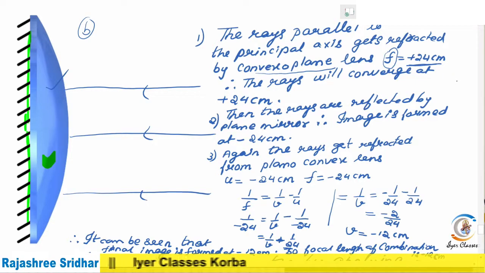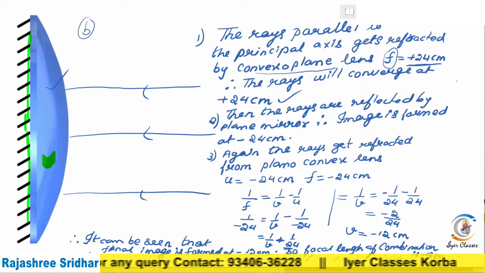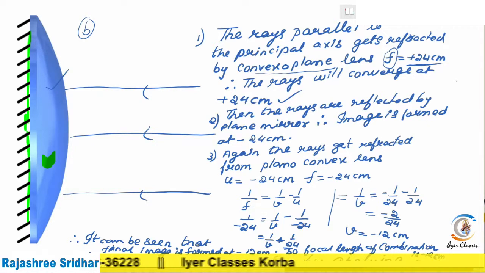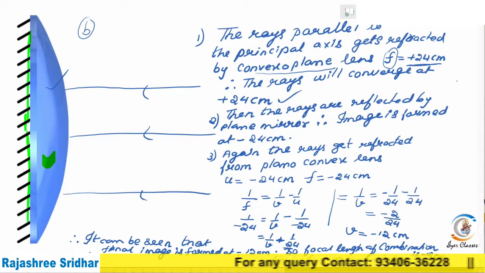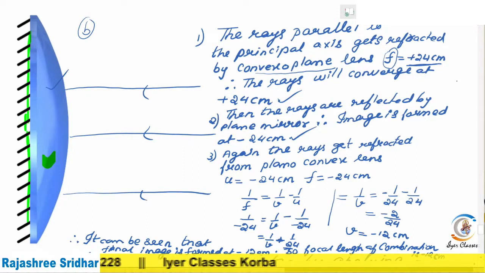The rays will now converge at plus 24 centimeters. Then they are reflected by the plane mirror. For a plane mirror, the image distance is equal to the object distance. If the object is at plus 24 centimeters, the image has to be at minus 24 centimeters. Why? Because the object is virtual, the image has to be real.